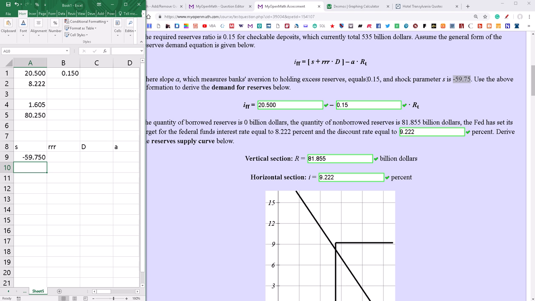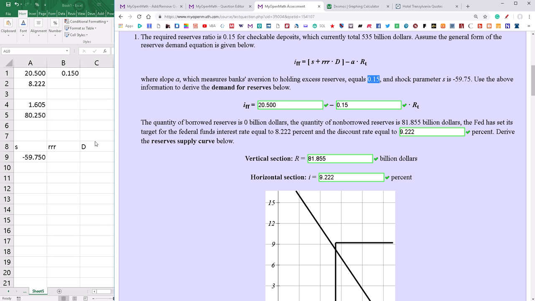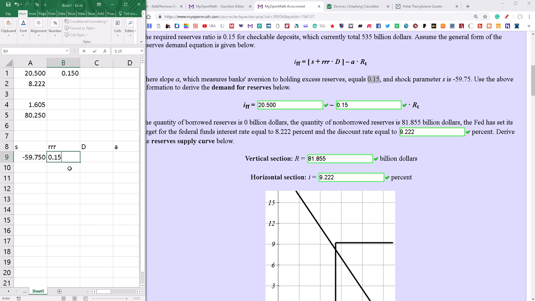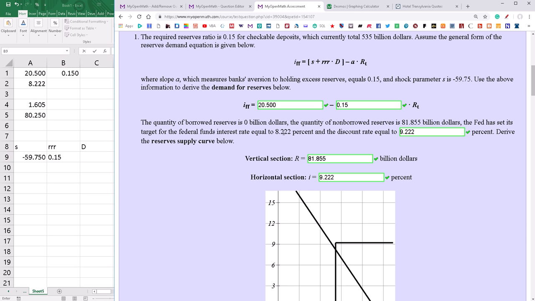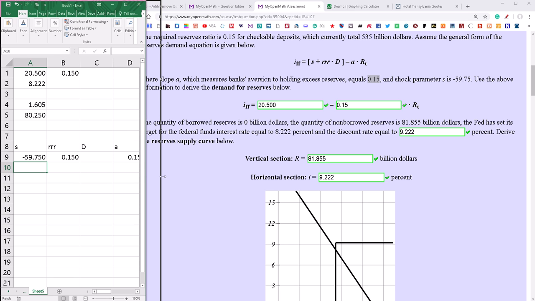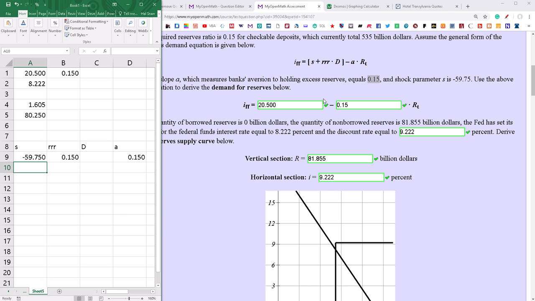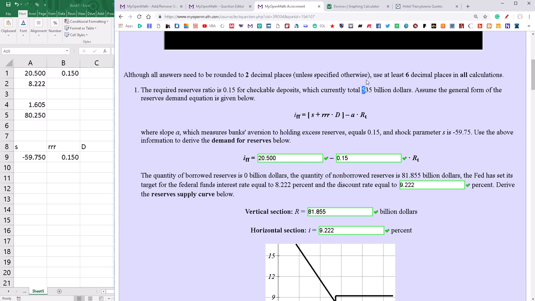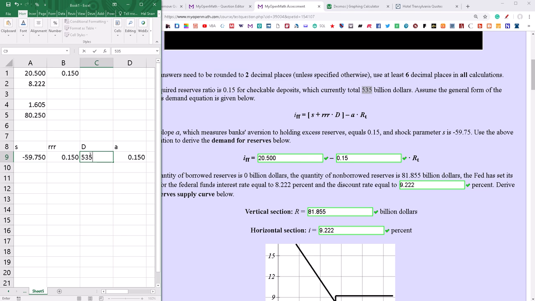The reserve requirement ratio is 0.15. The slope of the demand curve is 0.15. And demand deposits are 535.